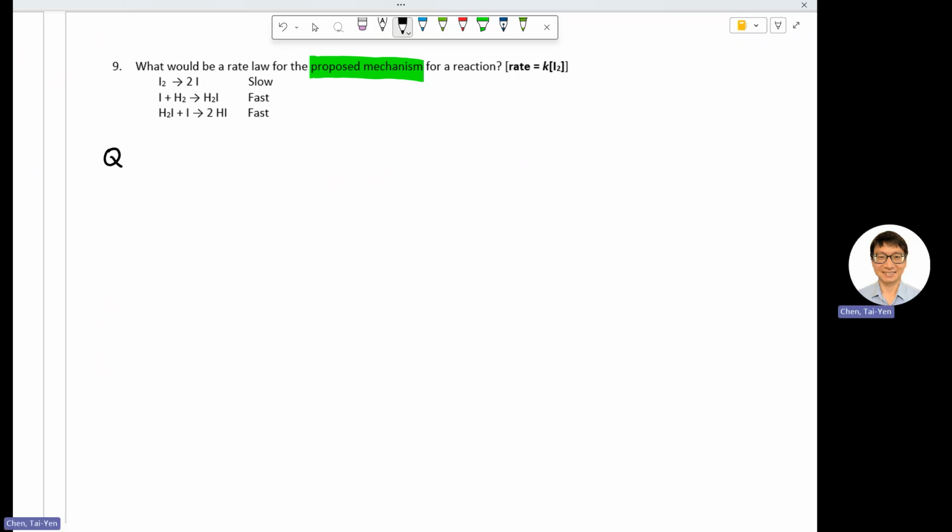Then get back to our very standard logical thinking, right? The QDPAD. So the Q is to figure out what the rate law is.